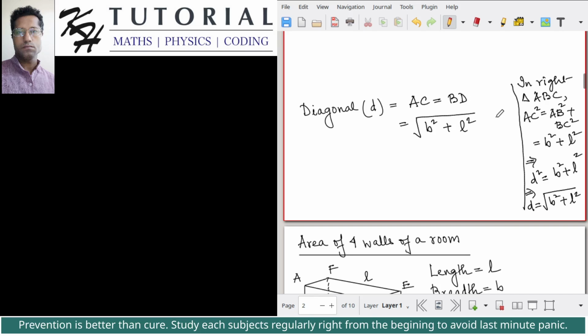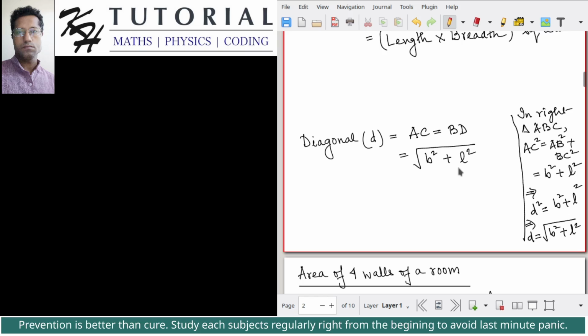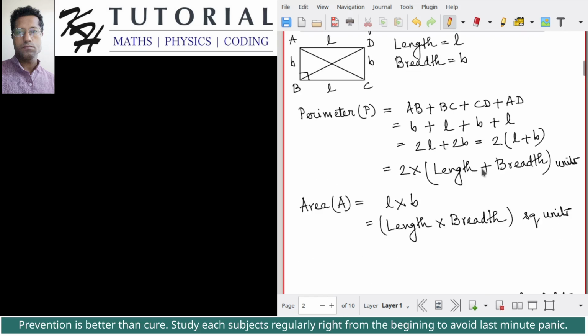So this formula you must also remember. It is pretty simple. There is absolutely no reason that you must memorize this, it is obvious from the fact that ABC is a right angle triangle, and keeping in mind the Pythagoras theorem.